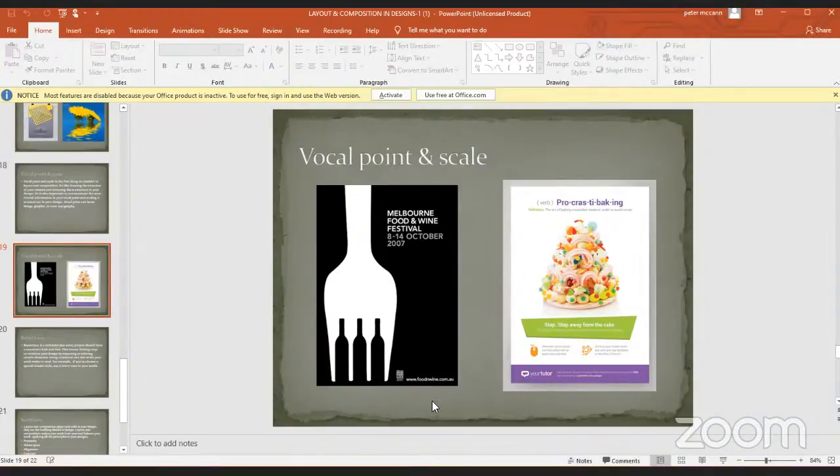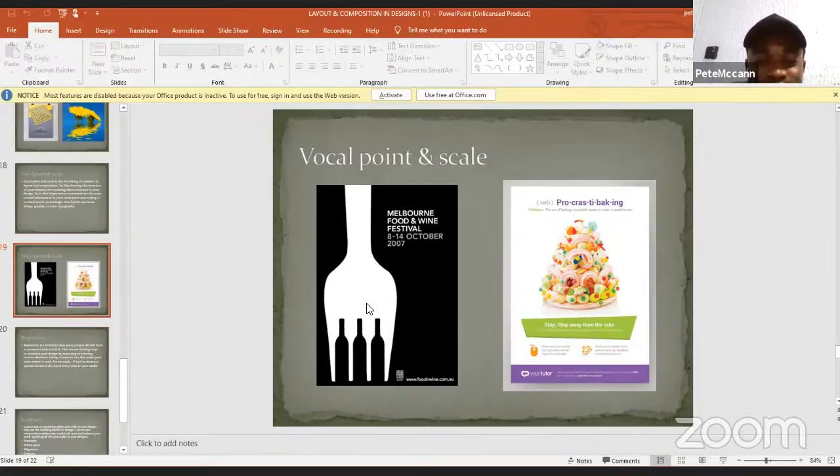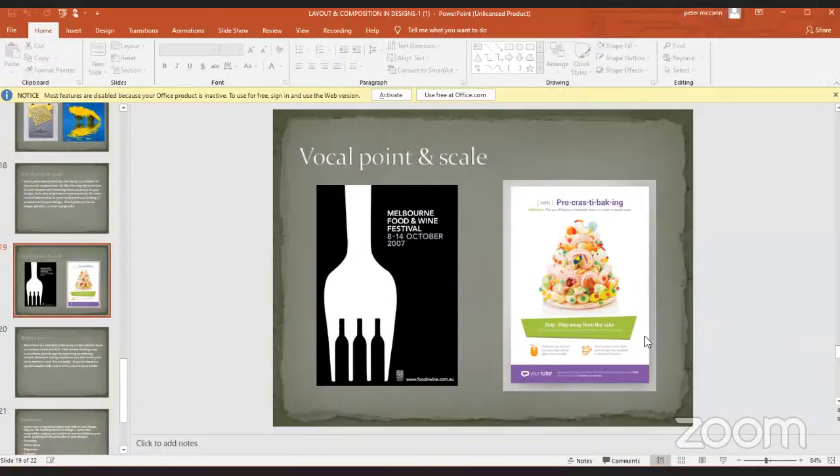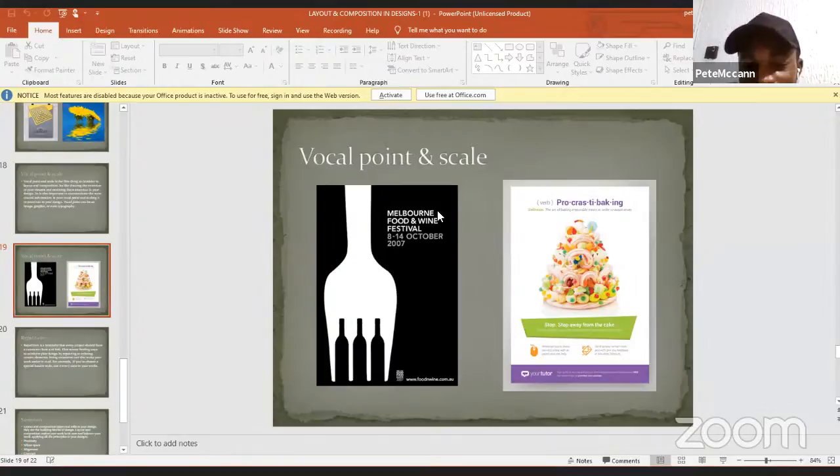So we have a focal point in this design, which is the image. We have a focal point of a text too. So after the image, you see the text, you go back to the text before you say, okay, you want to go back to the color. And so it's actually the focal point that this design is showing here.